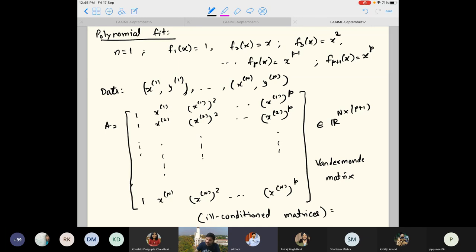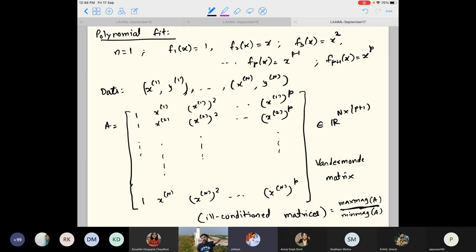Condition number is maximum magnification divided by minimum magnification. Correct? So you look at the maximum magnification by minimum magnification of A, and when you look at this, you will see that this is really very high. Especially as you increase this p, you will see that there is a problem with the condition number of these matrices. And that's why people generally avoid doing polynomial regression, because this matrix A is ill conditioned.